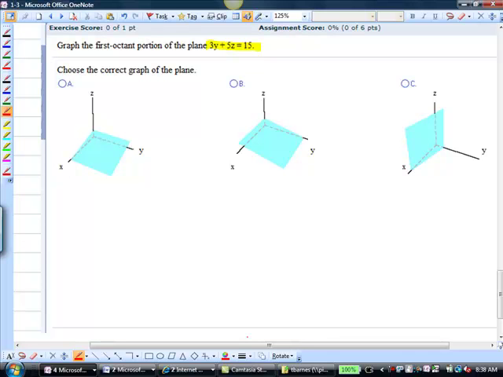But what do we know? Here's the process that I'd like you to think about. Up here, which one are we not going to have an intercept on? No x-intercept. So it should hit on the y, and it should hit on the z. So if you're looking at this one, it's this and this.